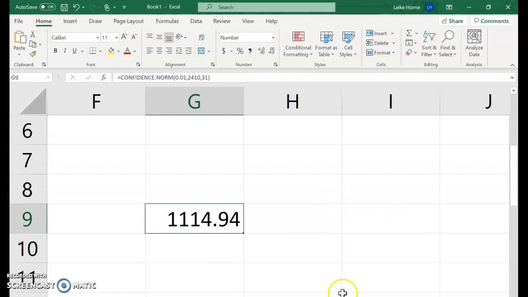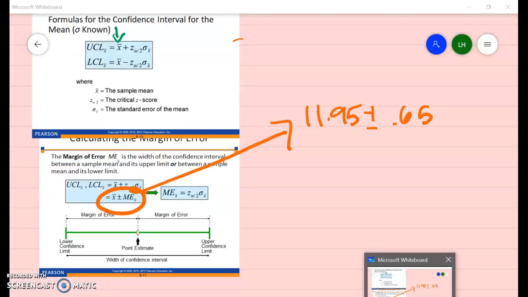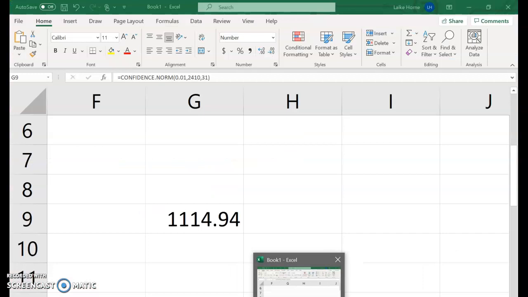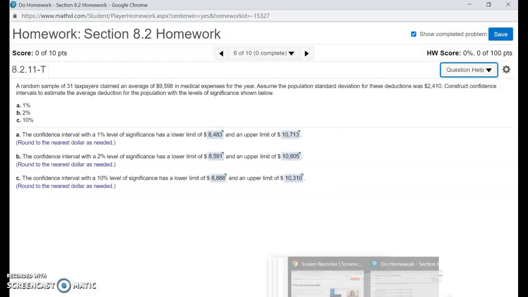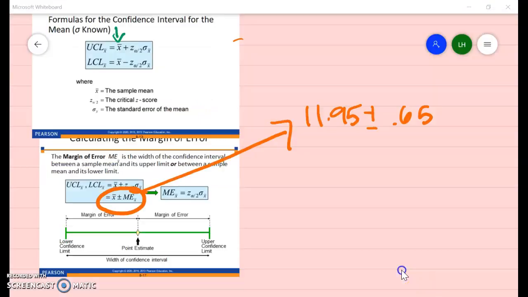It says to round to the nearest dollar, so that is going to round to 1115. So we're going to do 1115 added and subtracted to 95.98.